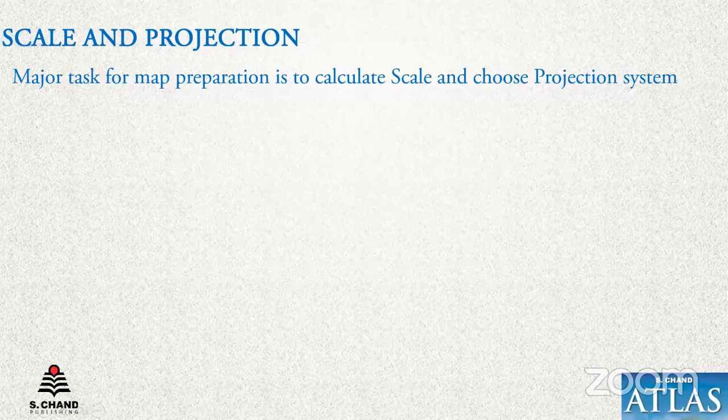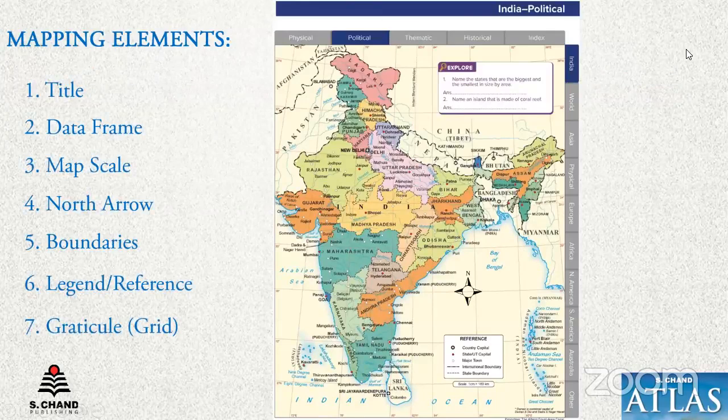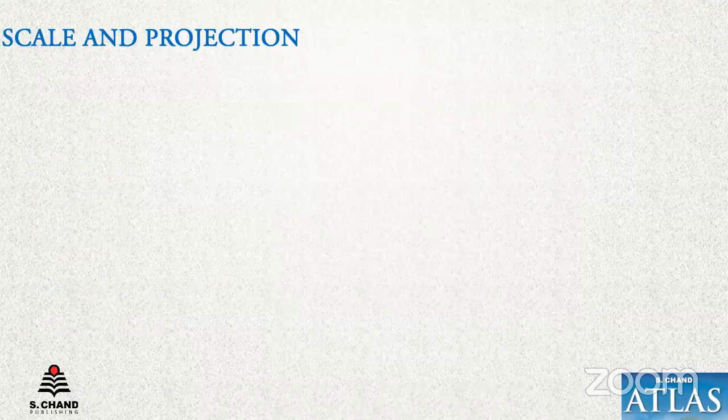So next, the first part was the mapping elements, the second is projection. Scale and projection we already explained, two elements among the seven elements in the previous slides.